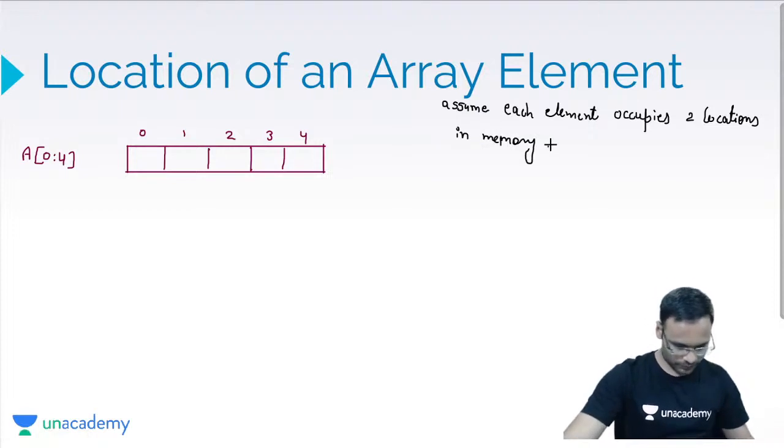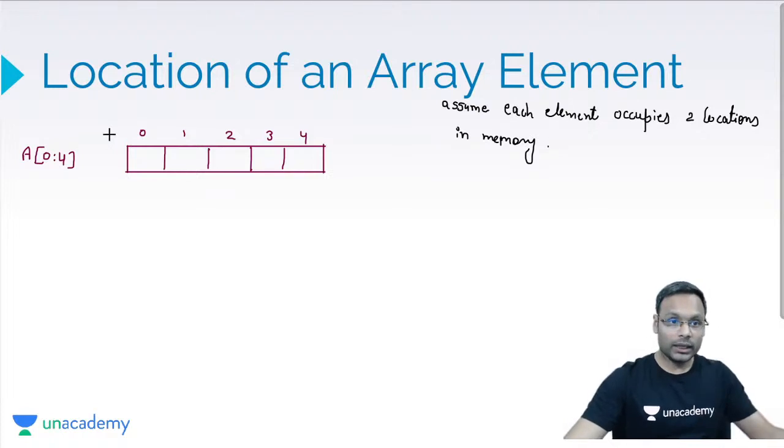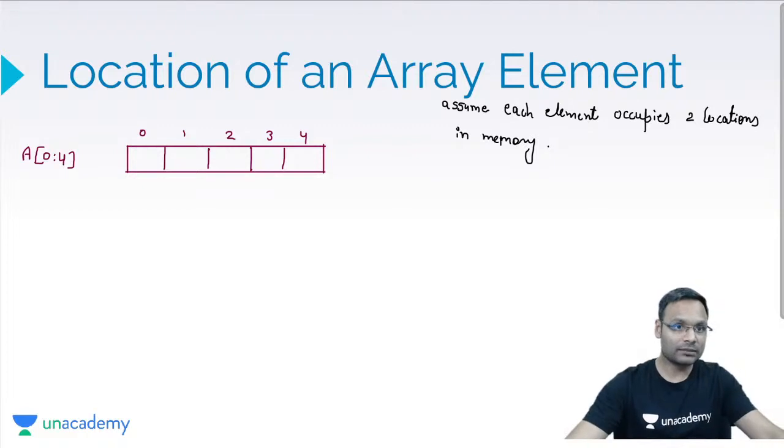Fine. चलिए आगे बढ़ते हैं. Let's say if starting index is 200, then first element is having address 200. Next element will have starting address 202. Next element will have starting address 204, 206, 208.